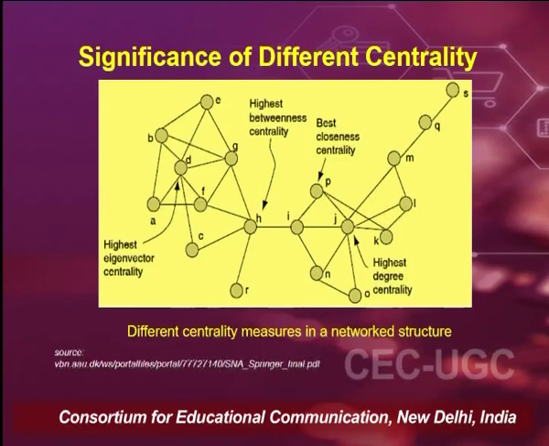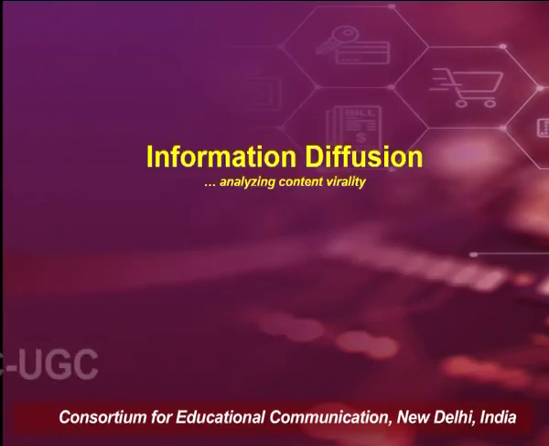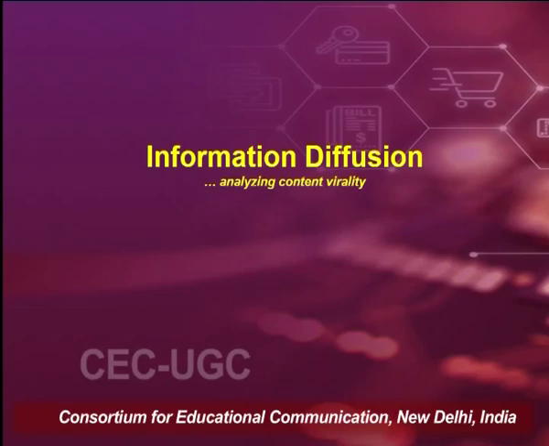Now we will understand diffusion across these kinds of networks. We try to analyze how content travels and how information spreads. It could be information or any content.